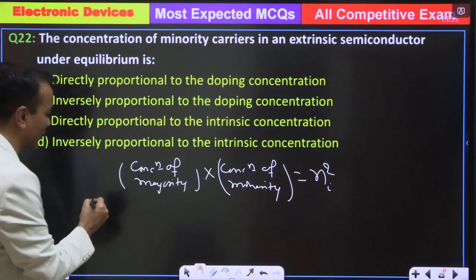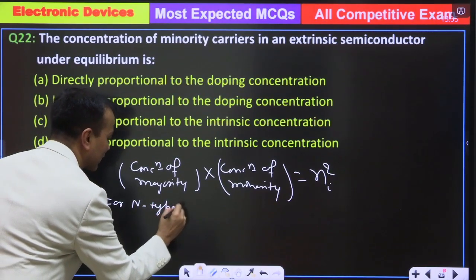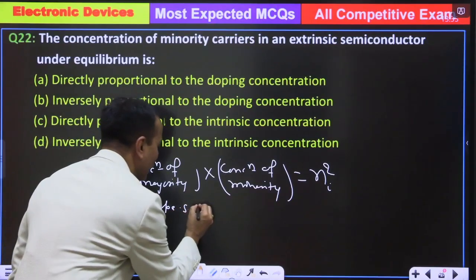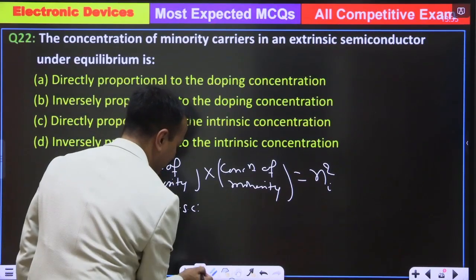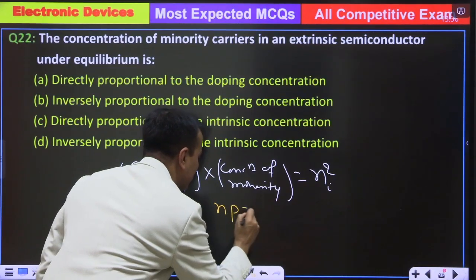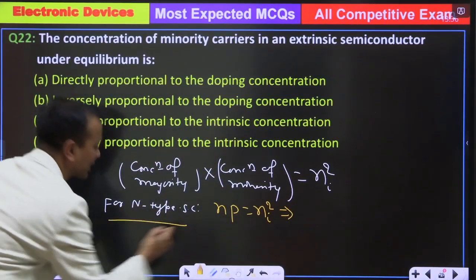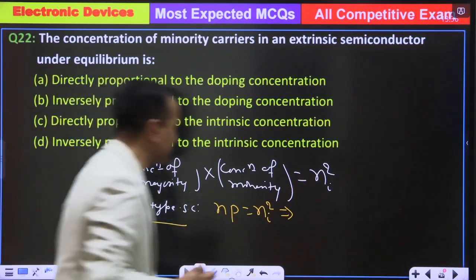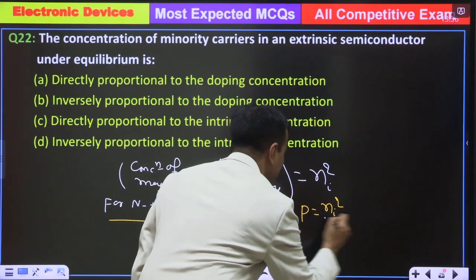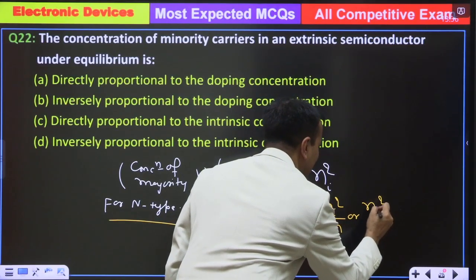Let's say for example for an n-type semiconductor, electron is the majority charge carrier. So we can write N × P = Ni². In an n-type semiconductor, hole is the minority charge carrier, so P = Ni² / n, or we can say Ni² / Nd.